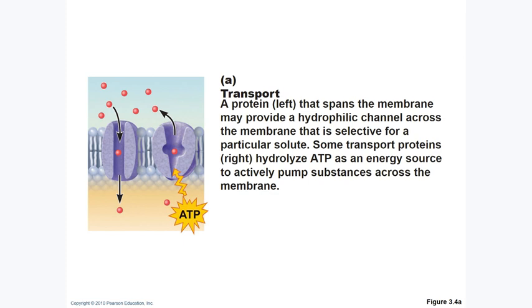So, some transport proteins use ATP as a source of energy to actively pump substances across that membrane. Some do it passively. So some require ATP and some don't. So we have active transport and passive transport.